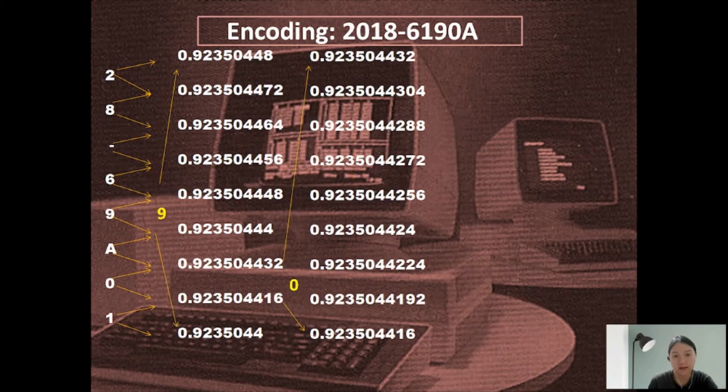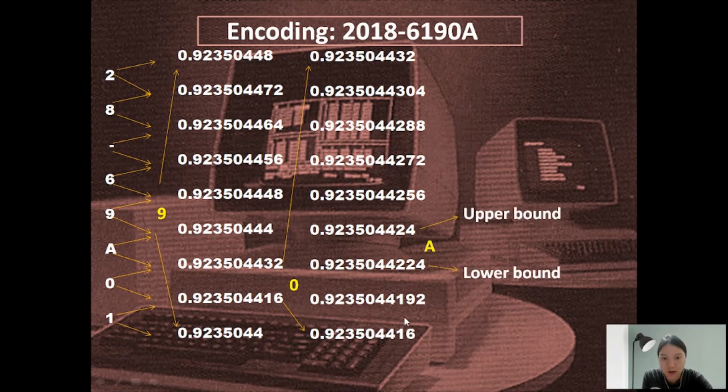Finding its difference from each level, that would be 0.00000008. Next is the variable 0, and it ranges from 0.9235044416 up to 0.9235044432. By expanding these values, its difference would be 1.6 times 10 raised to negative 9.